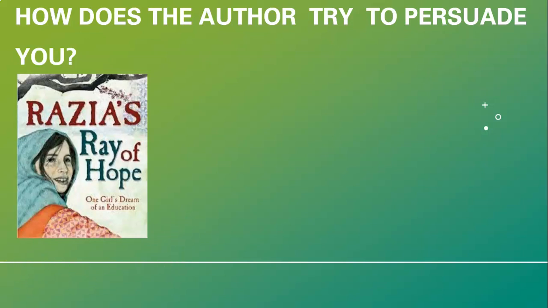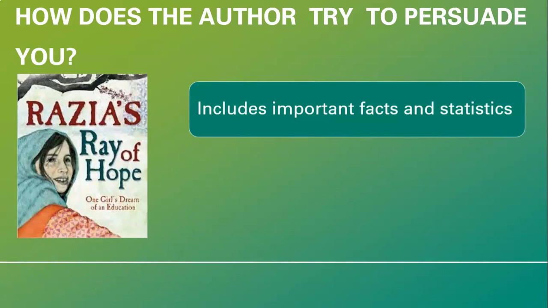Well, the author included tons of facts. They put it in perspective too. They provided a lot of statistics and facts, all that math and numbers they were throwing out at us. That is a tried and true persuasion technique.